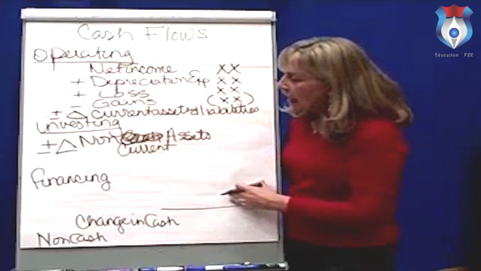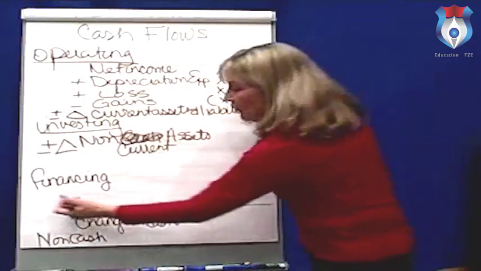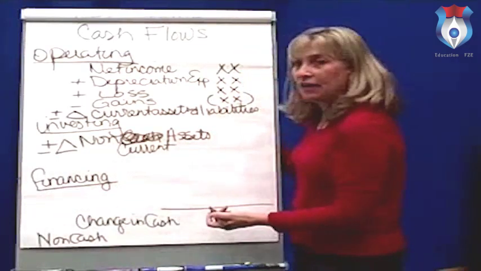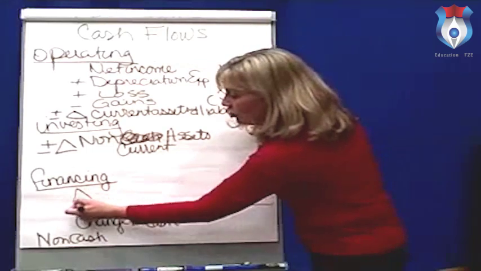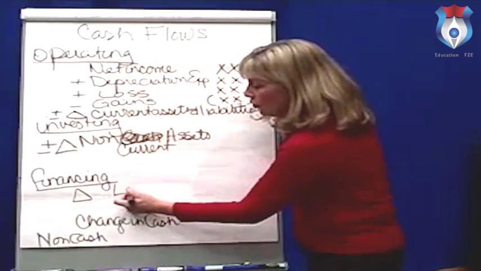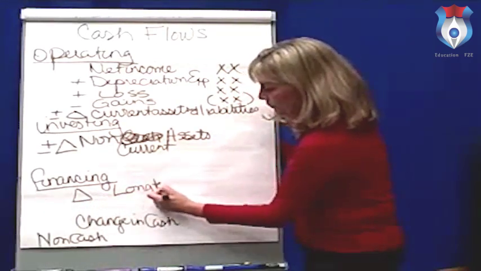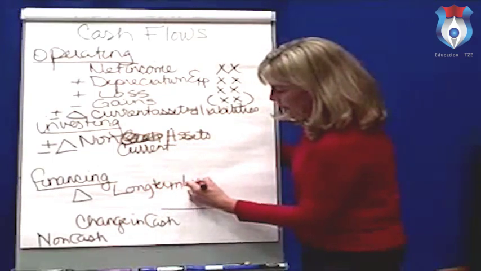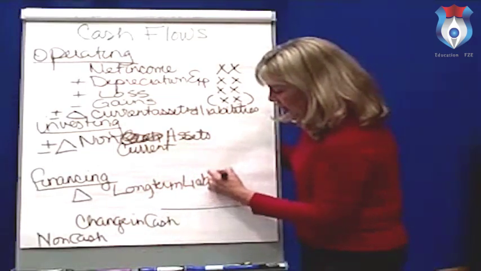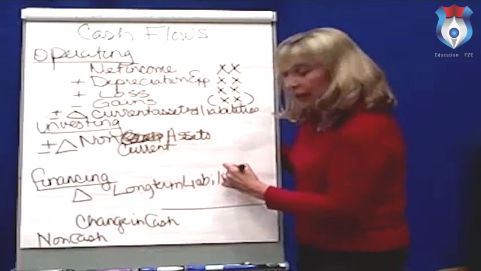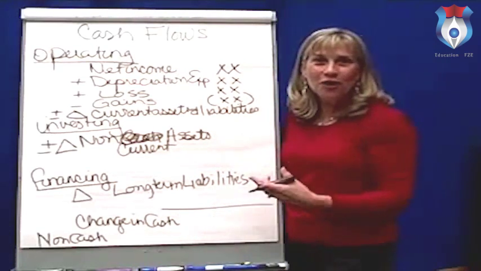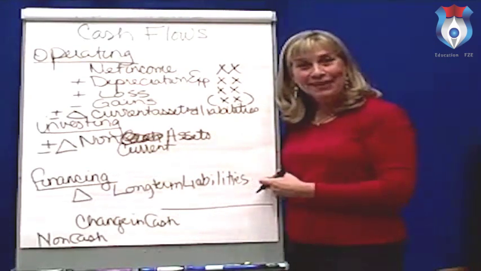The last section has to do with financing. And when we look at financing, we're going to be looking at our changes in our long-term liabilities, such as long-term debt. So if you borrowed long-term debt, does more cash come in? Yes.